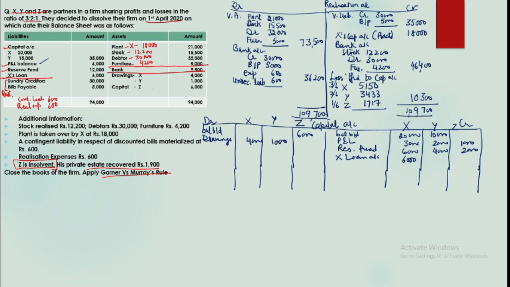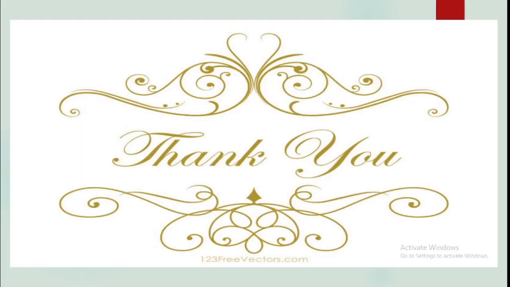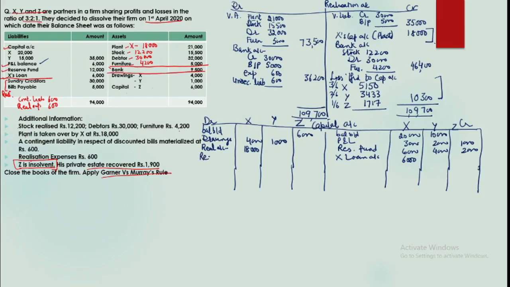Now come to realization. So here X has taken over the investment. So realization account, investment taken over by X. Then you have the loss. So this loss will be distributed: 5,150, 3,433 and 1,717.